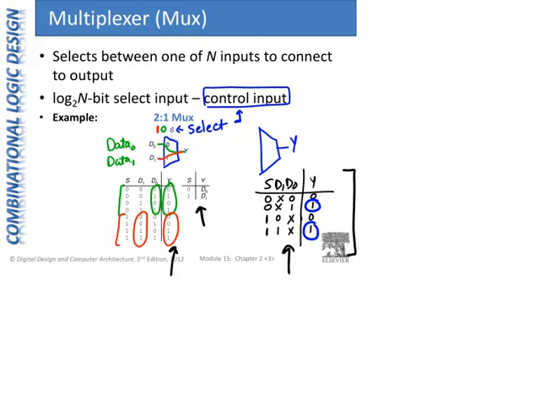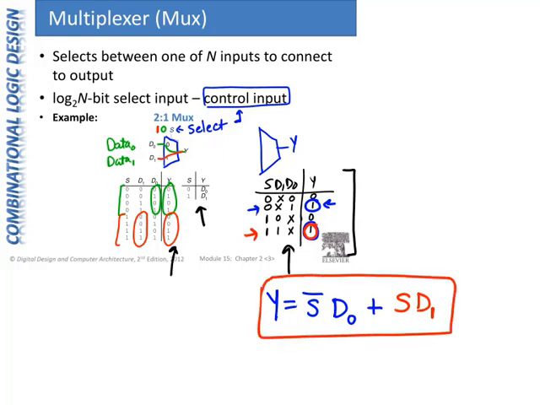Y is equal to S bar and D0: if S is low and D0 is high, we get a 1 on the output Y. Or, if S is 1 and D1 is 1. So here we have an equation.